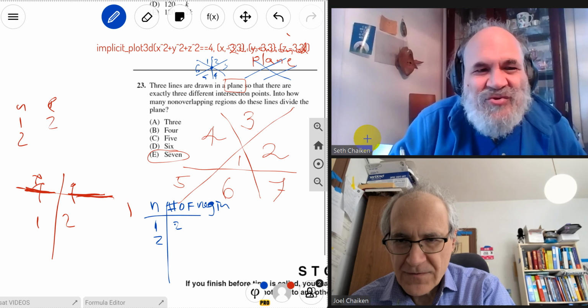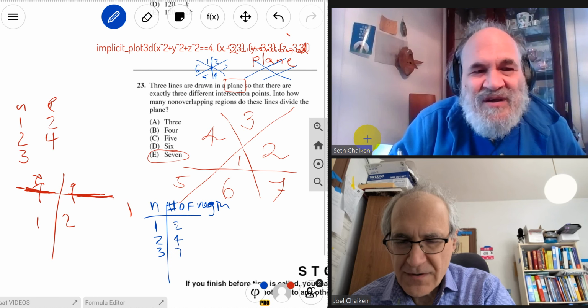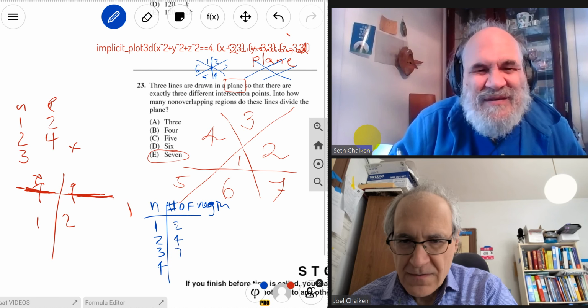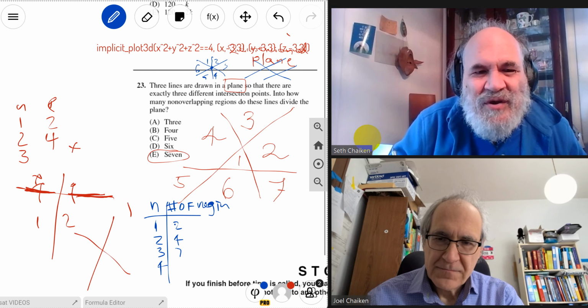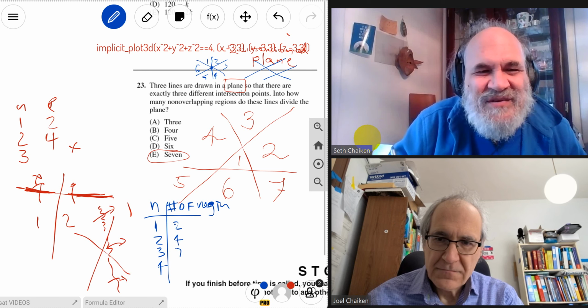When n is 2, the number of regions is 4. When n is 3, you add how many? Here are 2 regions, 1 region, 2 is the extra region. 1 region, 2 regions, 3 regions. We add 3 regions, and so we get 7.